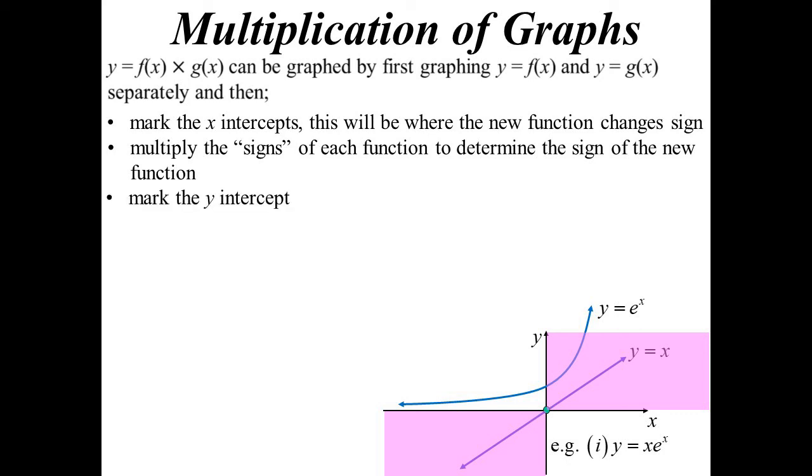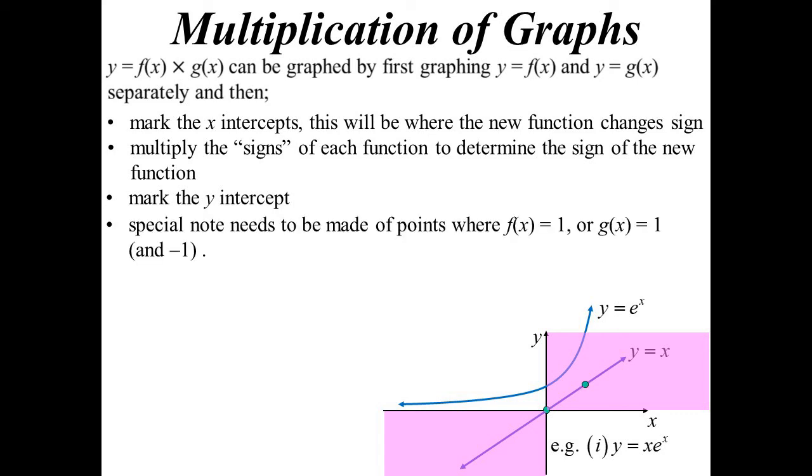Y-intercept, well, we've already got that. We know it's at the origin. Now, y equals 1 is a really important point. Because if you're multiplying it by the other curve, you're multiplying by 1, and so that y value will stay the same. So on mine, let's say that's where x equals 1, so obviously y equals 1 as well.